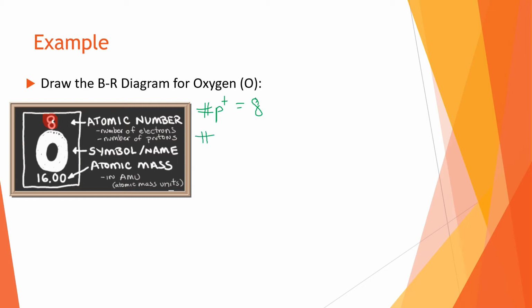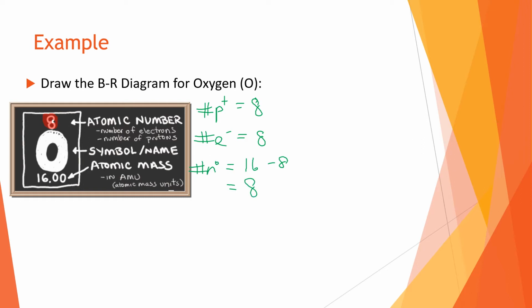The number of electrons is also that same number, the atomic number, which is 8. And then the number of neutrons, remember, in order to get that, we have to take the mass and subtract the atomic number. So the mass is 16, we're going to subtract 8, and we're going to get 8 neutrons.